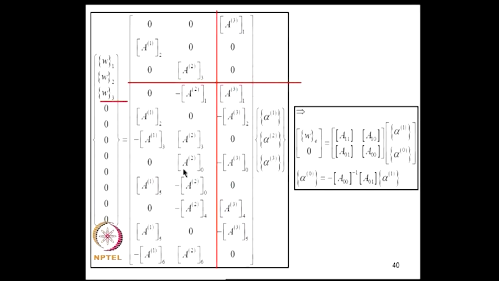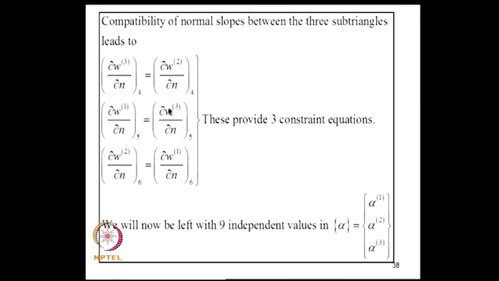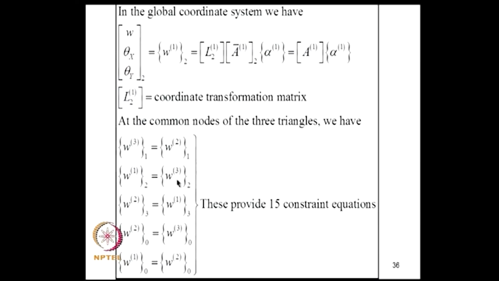Once that is done we can assemble all the required information: W at node 1, W at node 2, W at node 3 for the triangular element 1, 2, 3 in which we are primarily interested is related to these alphas through these matrices. So, we are now basically putting all these equations together, this and these equations.